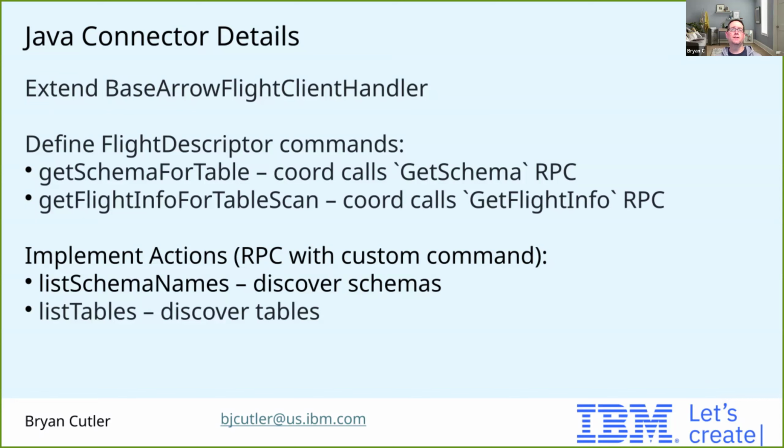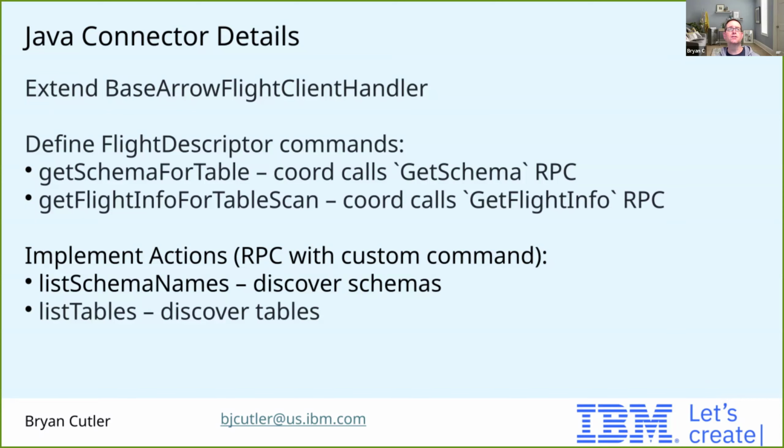There are 4 abstract methods in there that you need to implement. 2 of these define a flight descriptor, which is basically a command that you're going to be sending to your flight service. It really just returns a command and that's it.